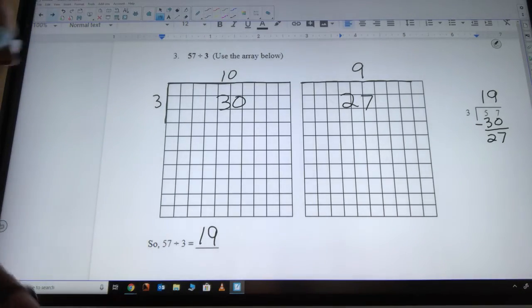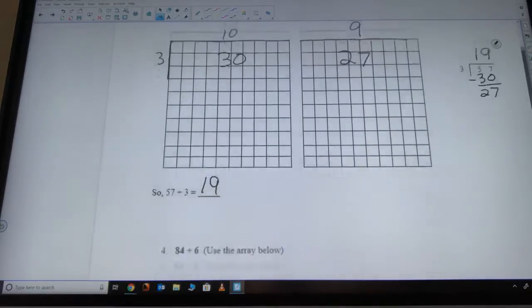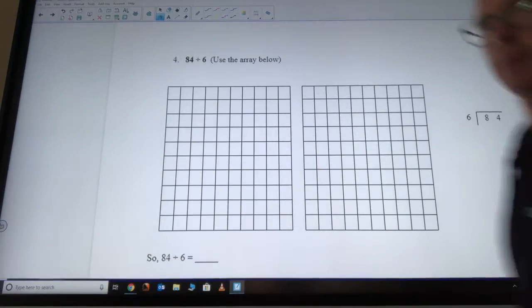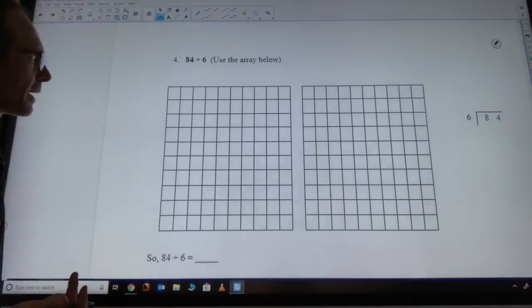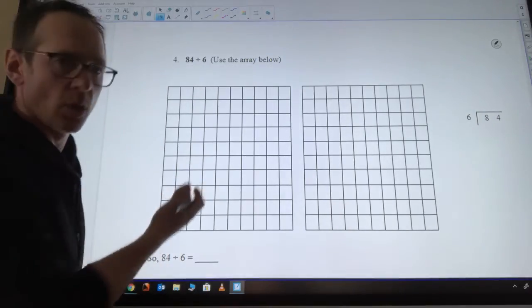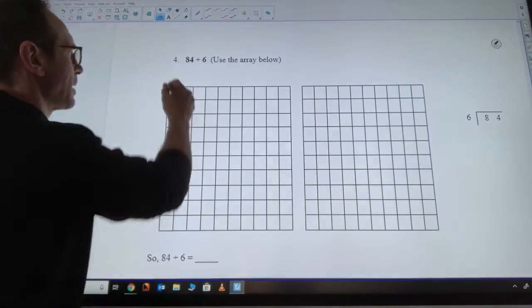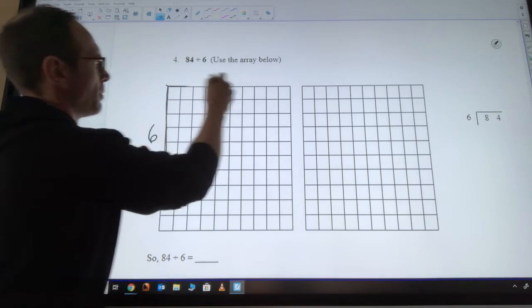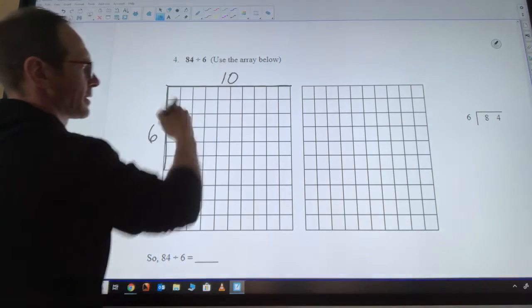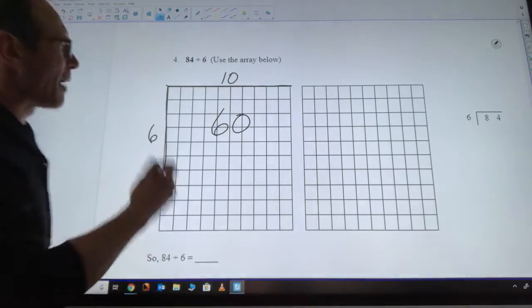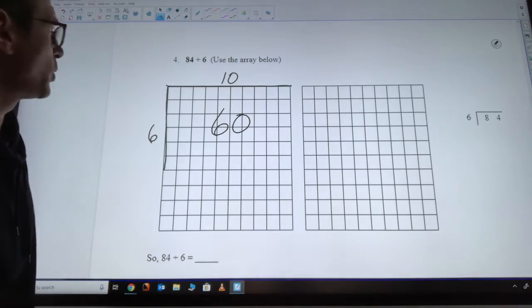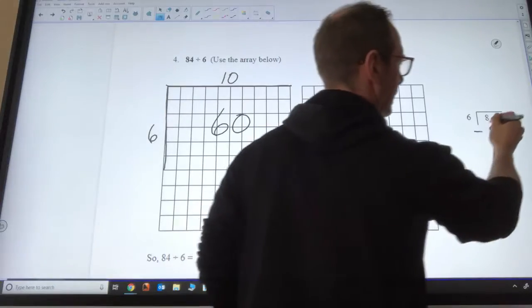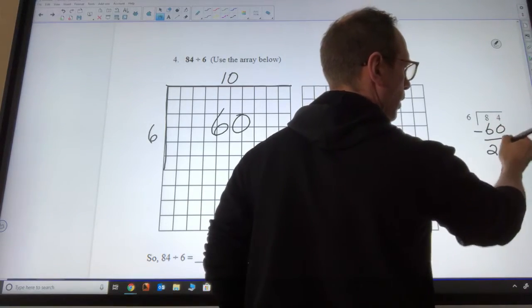Number 4. This is 84 divided by 6. Once again, I know it's going to be more than 10 because 10 times 6 is 60. How many more am I going to have to go to get to 84? Well, I know 84 minus 60 is 24.